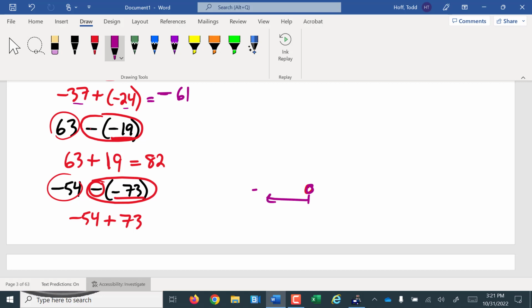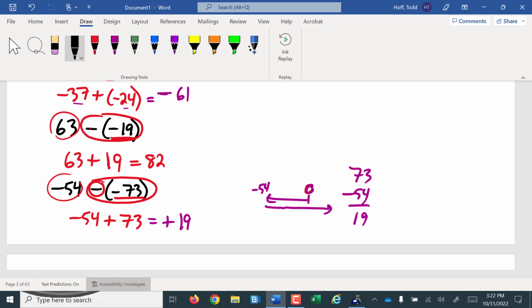Negative 54 goes this way. Positive 73 goes the other direction, longer or shorter? Longer. So that goes over into the positive side of things. The vectors go opposite directions, so we subtract their magnitude. So 73 minus 54 is a 19. So it's a positive 19.